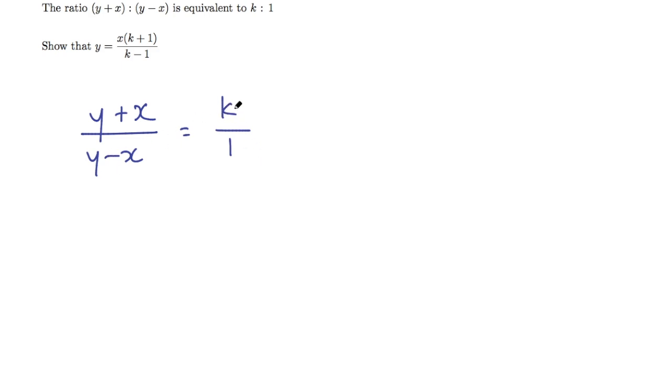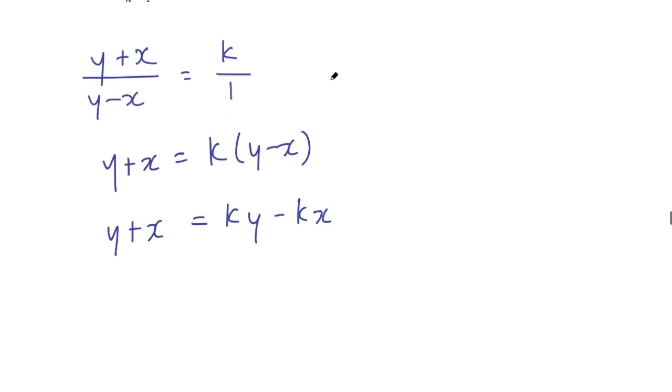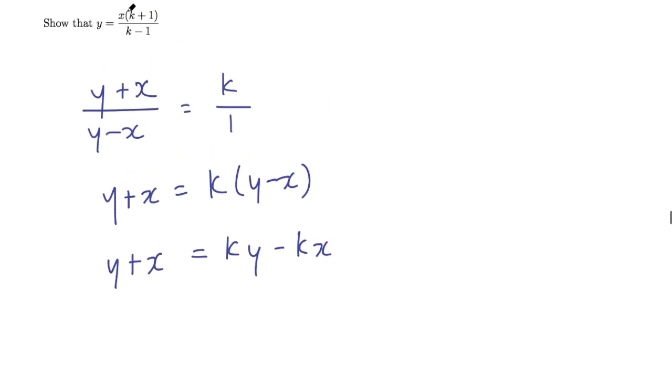Okay, so we can go ahead and cross multiply here. So on the left we'll end up with y plus x, and on the right we'll have k bracket y minus x. What we actually want to do is get all of the x's and all of the y's on the same side. What that will allow us to do is factorize and then end up with the finished product, which is up here.